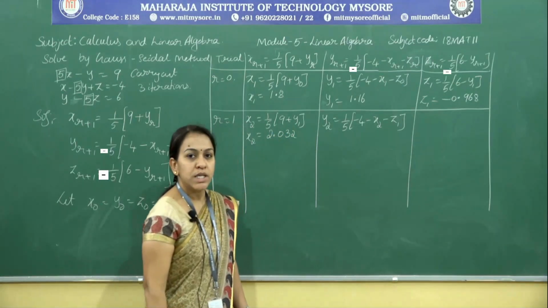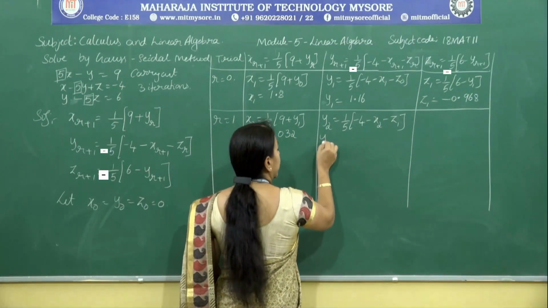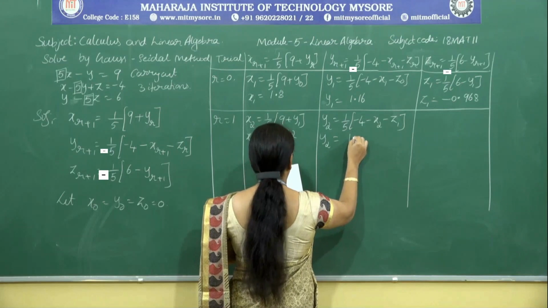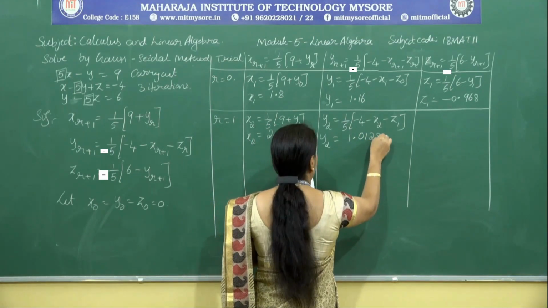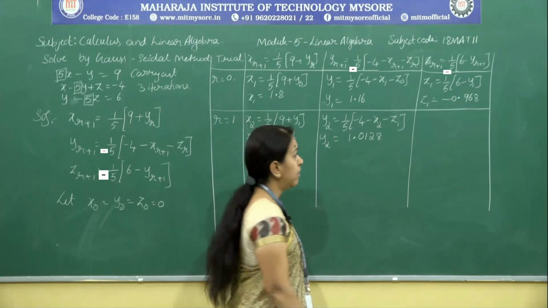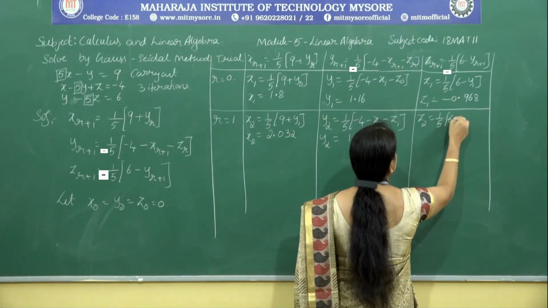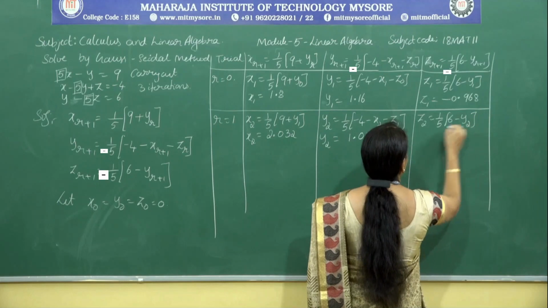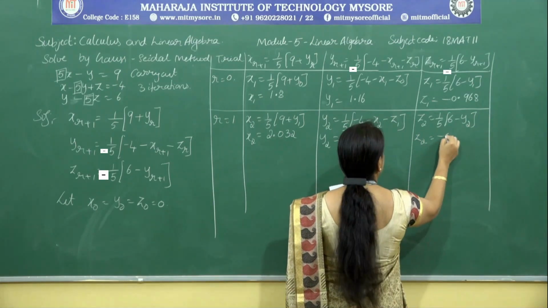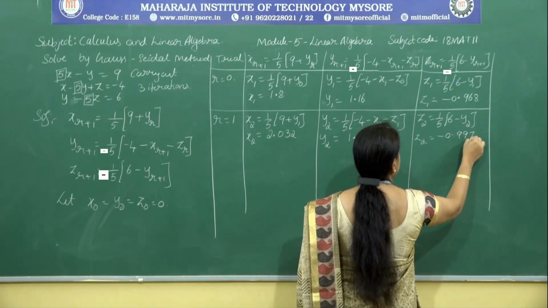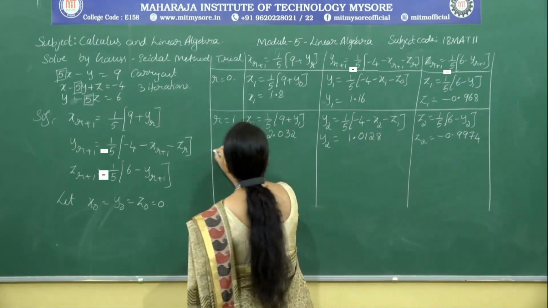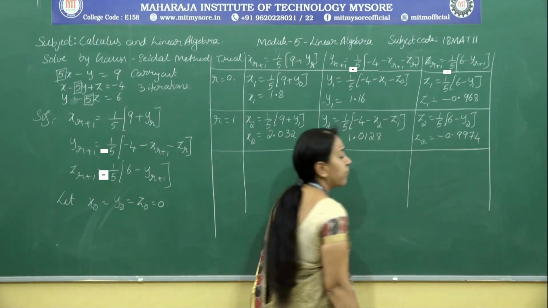So if I put the x2 and z1 values, then I will get y2 as 1.0128. Similarly, z2 is 1 by 5 into 6 minus y2, so z2 is minus 0.9974. So that's our second trial.